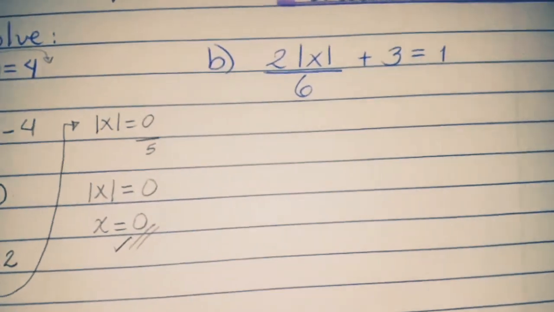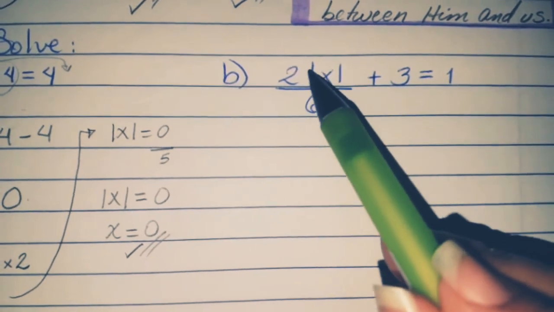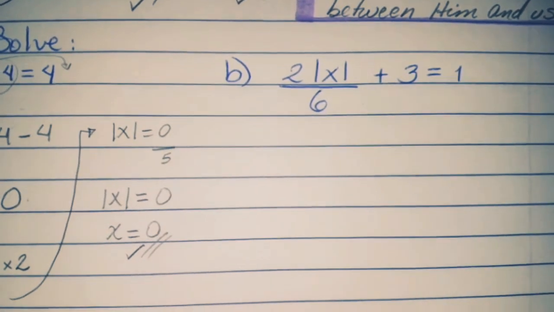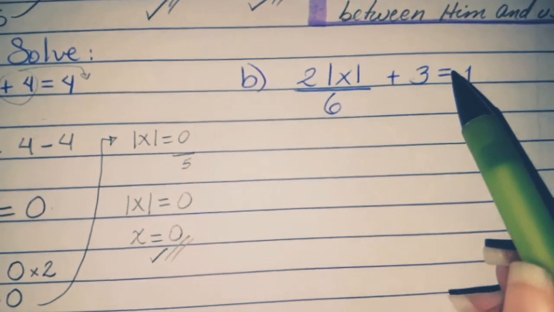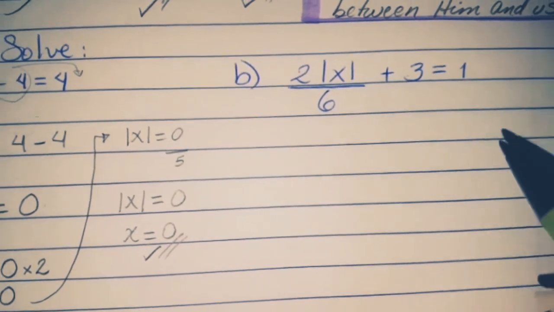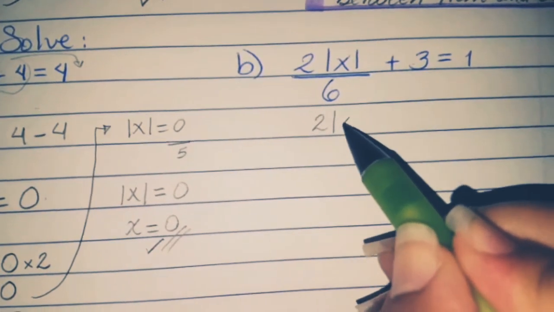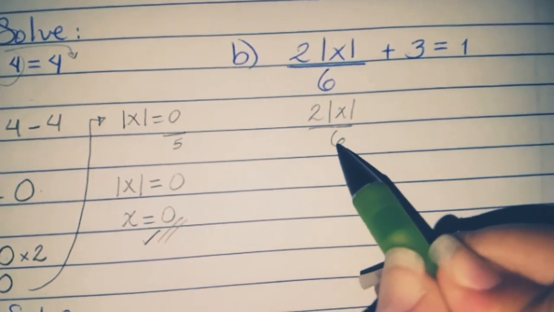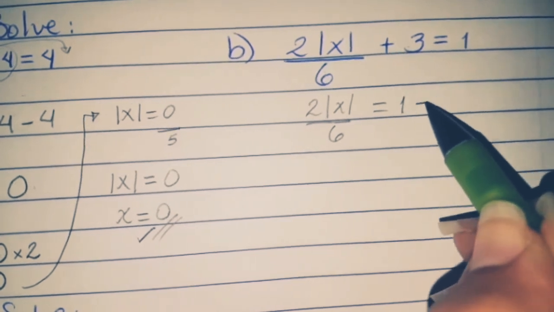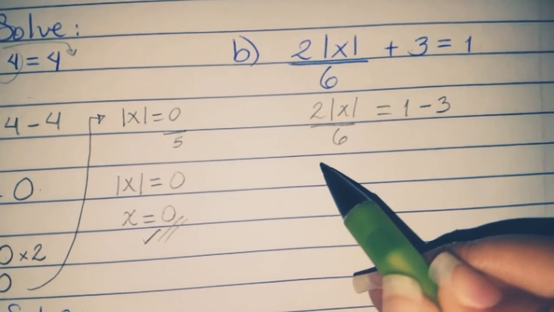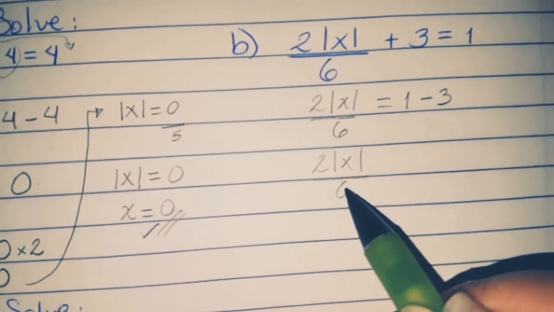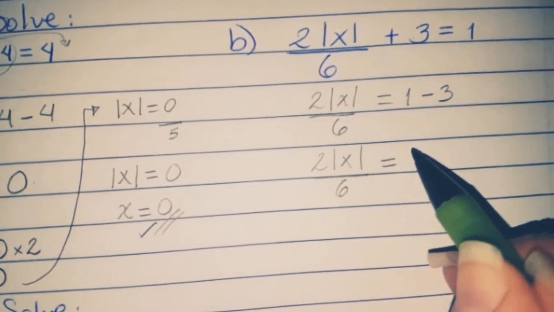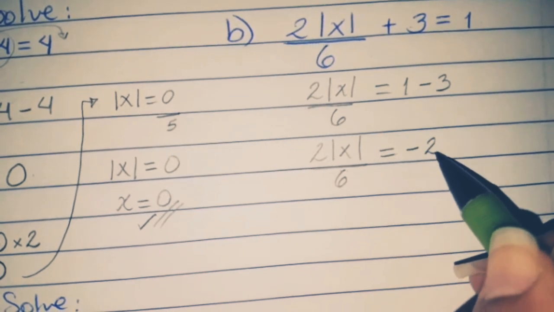Let's see example B. Remember, the idea is to isolate the variable with the absolute value. Let's bring the 3 to this side of the equation, subtracting. So 2 absolute value of x divided by 6 equals 1 minus 3. 2 absolute value of x divided by 6 equals negative 2.